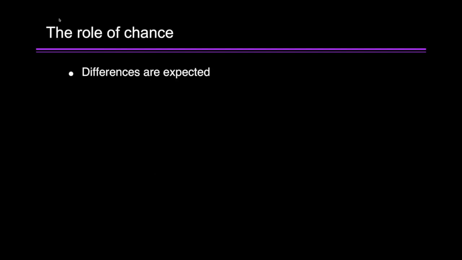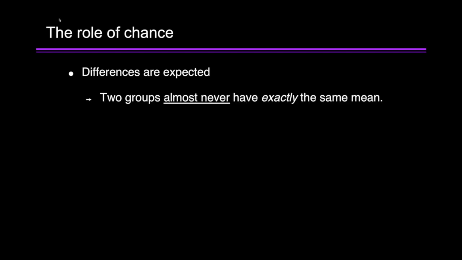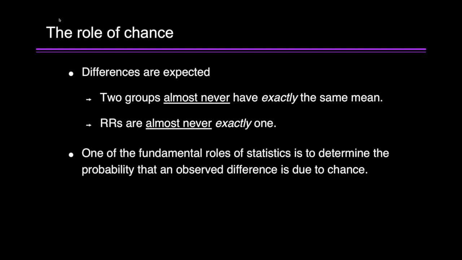The first thing to know is differences are expected. Two groups almost never have exactly the same mean. And relative risks are almost never exactly 1. One of the fundamental roles of statistics is to determine the probability that an observed difference is due to chance. And that brings me to the p-value.